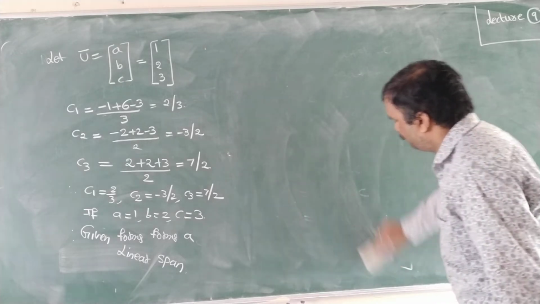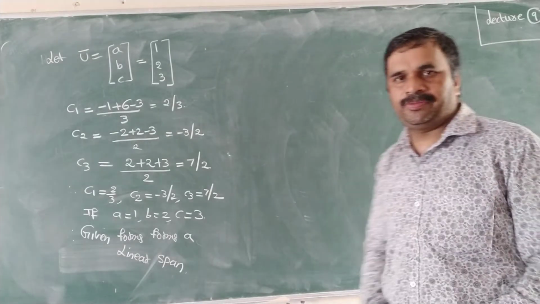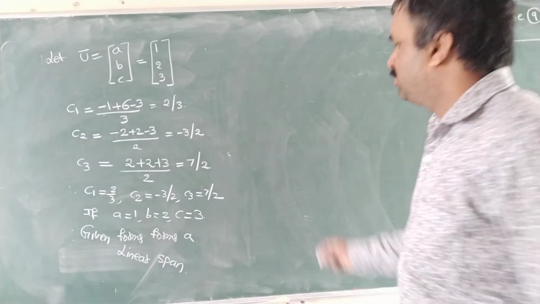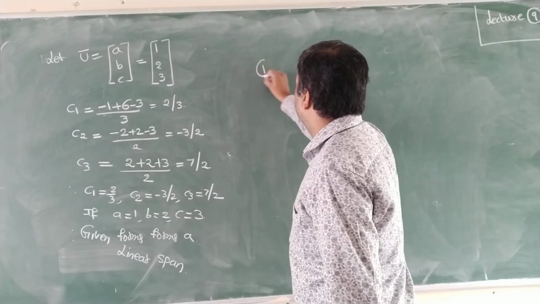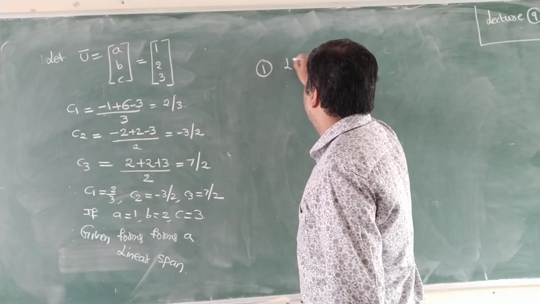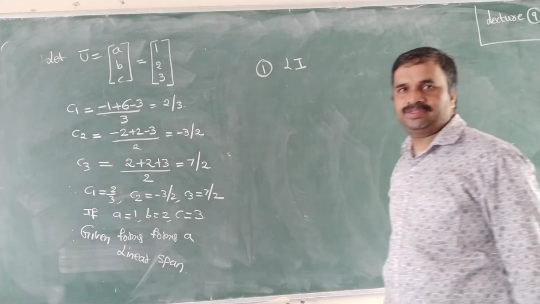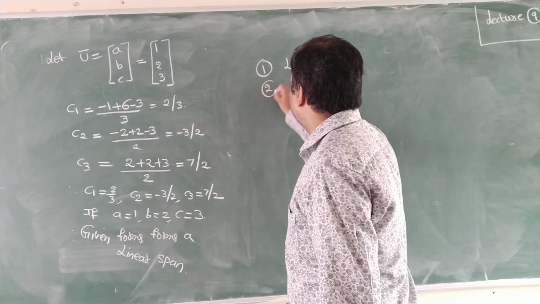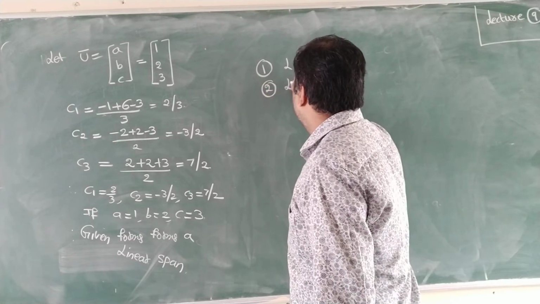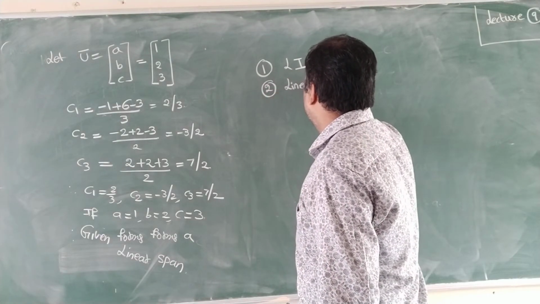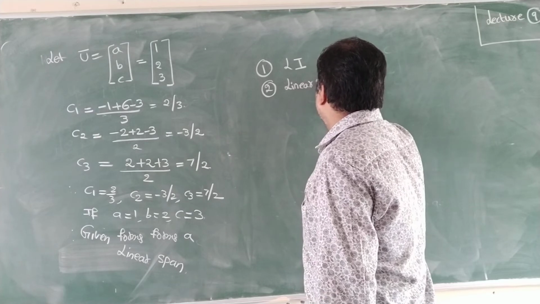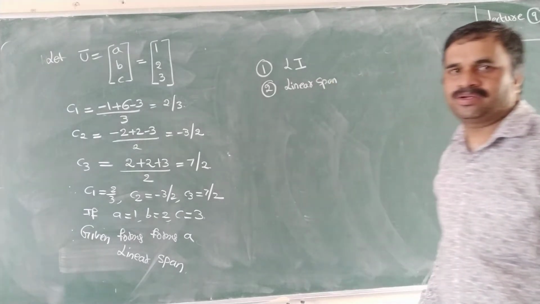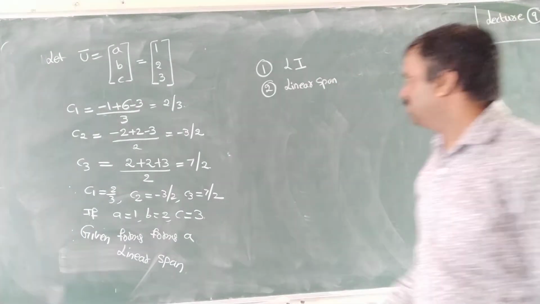So, for this problem, we proved two conditions. First one, the given vectors are linearly independent, and second one, we proved the given vectors span linearly. Two conditions we got: linearly independent, linear span.